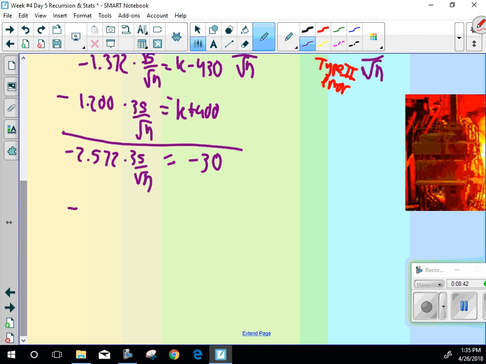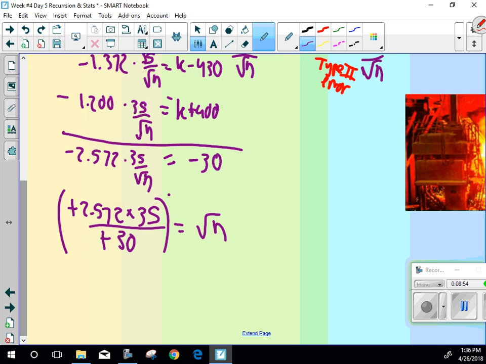So we're going to get negative 2.572 times 35 over negative 30 is equal to the square root of n. So that'll take care of that. And if you square it, tell me what you get for n. Can't wait to see what you get. It's 9.